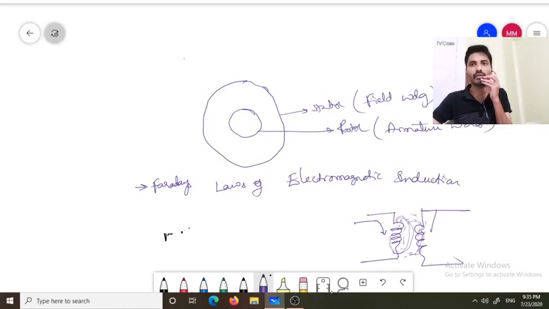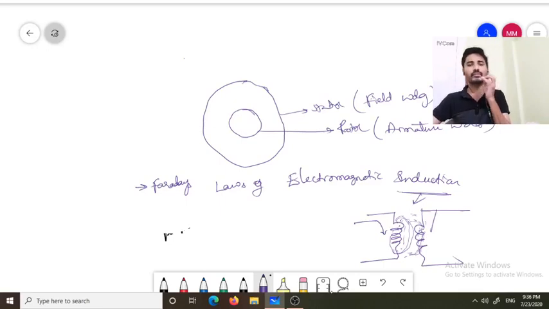This type of effect is nothing but an induction effect. That means when two coils are inductively coupled, an EMF will be induced. There is no electrical connection, but energy transfer takes place from one winding to another winding. That is nothing but electromagnetic induction.